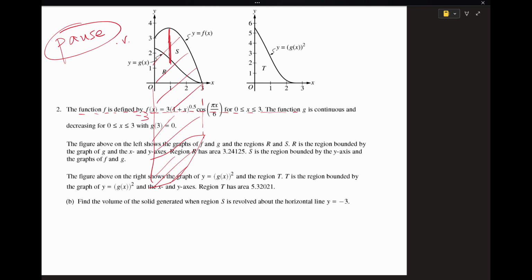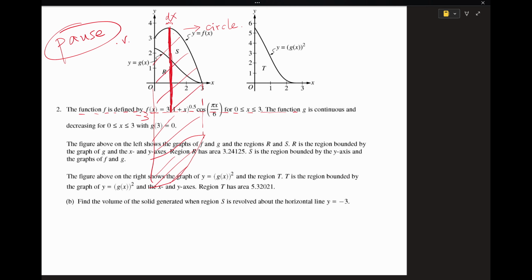First, we draw a slice here, and please pay attention that the cross-section of this slice would be a circle. Okay, and actually it has a width of dx.